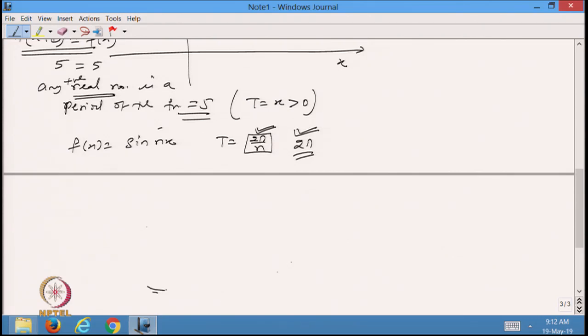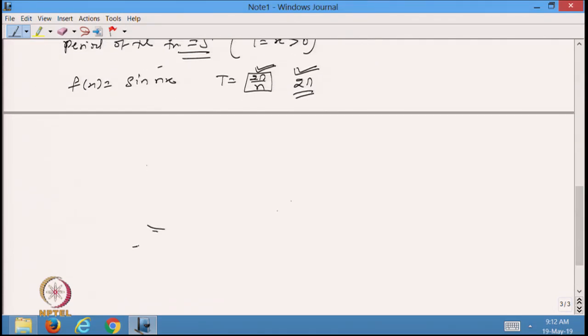Then what the Fourier series says, I will define with the Fourier series.